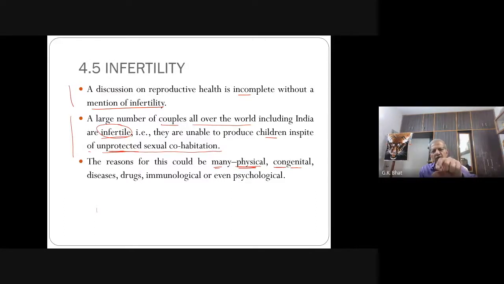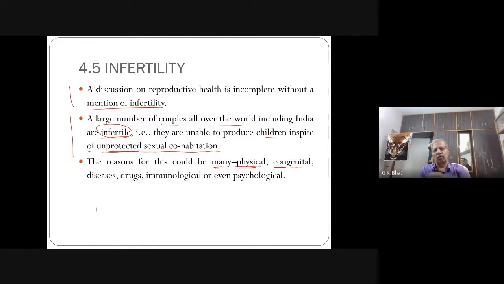Many times, it will not get ejaculated at all. Many times, this raised penis will not remain raised for a long time, so that till it is introduced into the vagina, immediately it goes back. So these are all physical defects. In many of the women, even the vaginal canal may not be proper. There may be a defect in the cervical region.